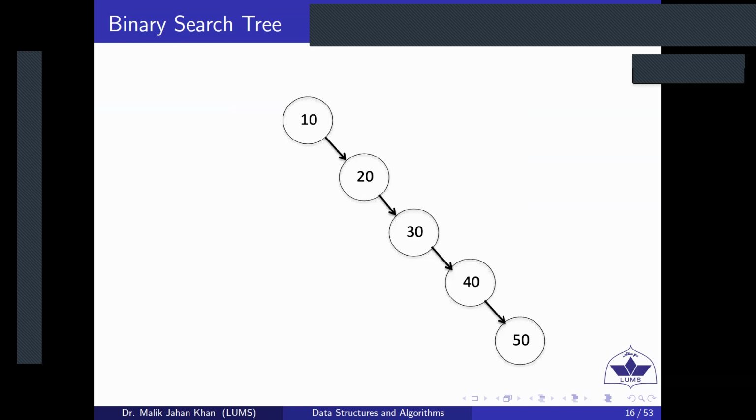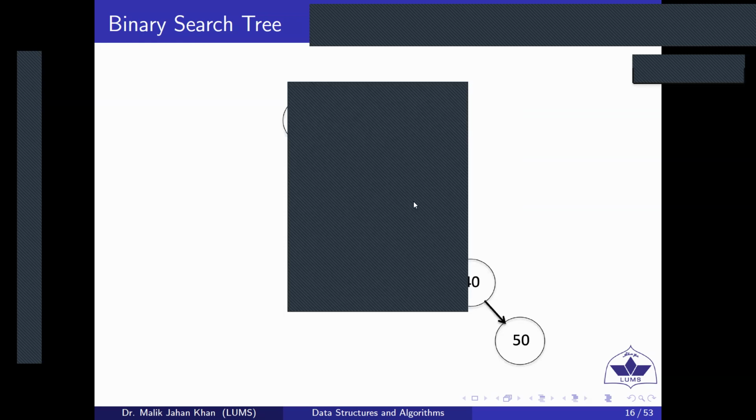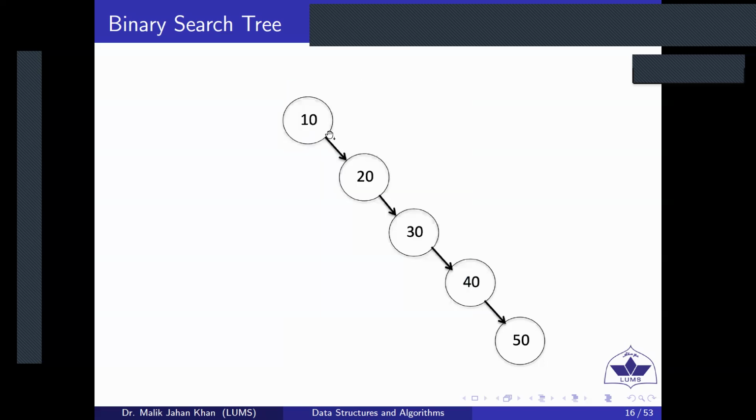Okay, question number one: is this a binary search tree? The answer is yes, and very good, because it's a binary tree, which means that the maximum number of children each node can have is 2. By chance, in this example, every node has only one child, and that's fine.